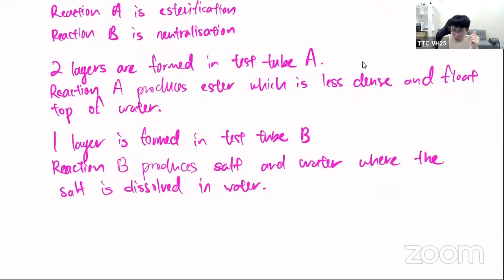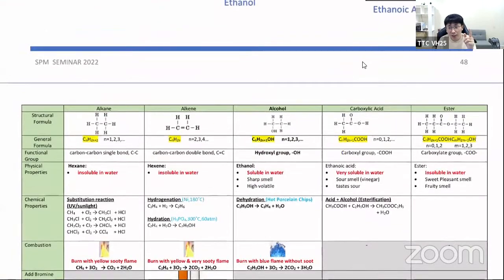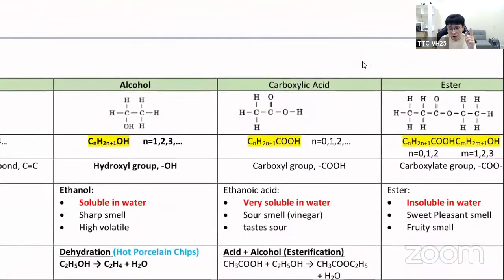So butanol is C4. If you want to recall, the general formula for alcohol is CnH2n plus 1 OH. Carboxylic acid, CnH2n plus 1 COOH. But for the COOH, remember the C in the front must reduce by 1.